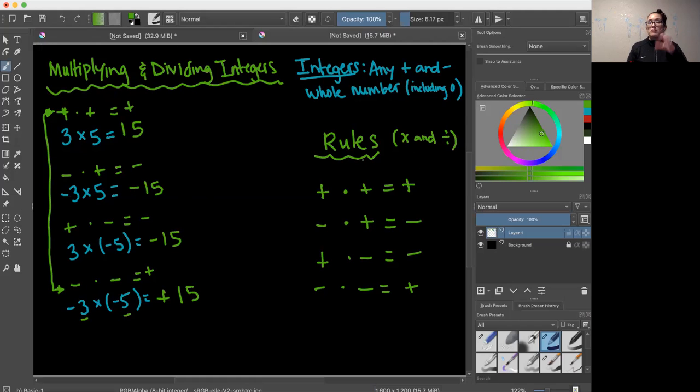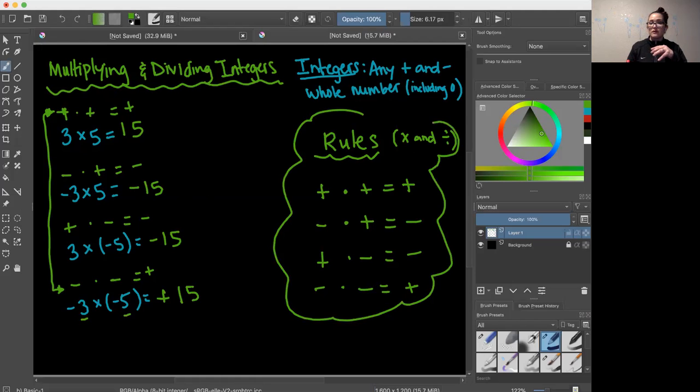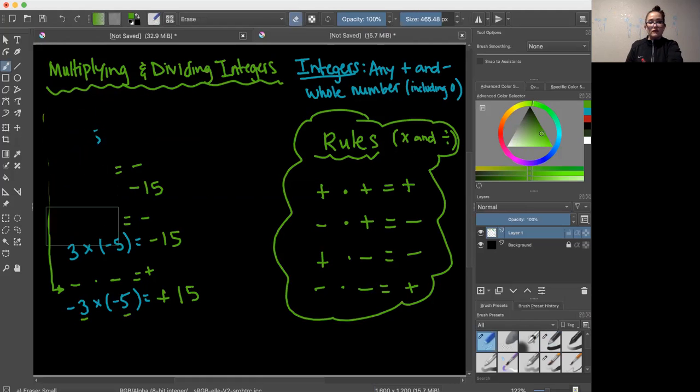But make sure that you have these rules down and you can decipher that these are only for multiplication and division problems. So let me go ahead and give us some practice problems.